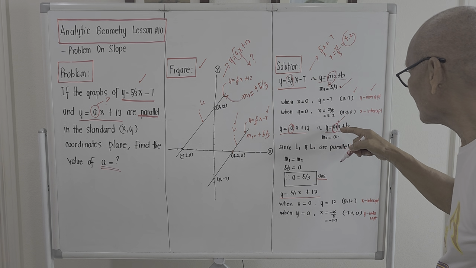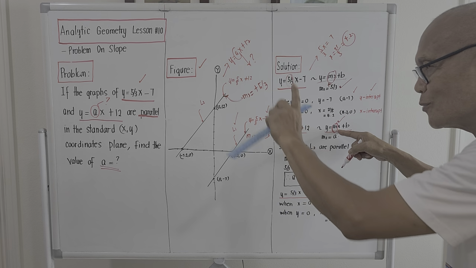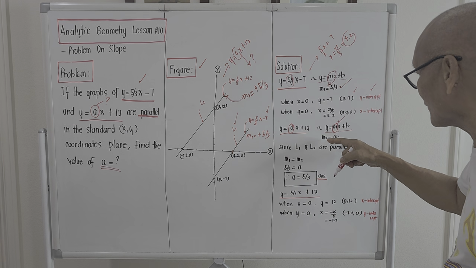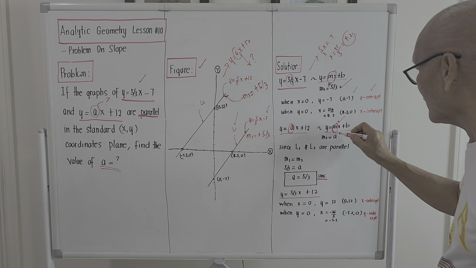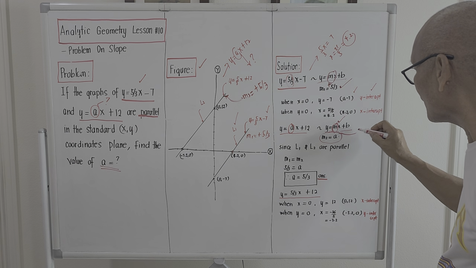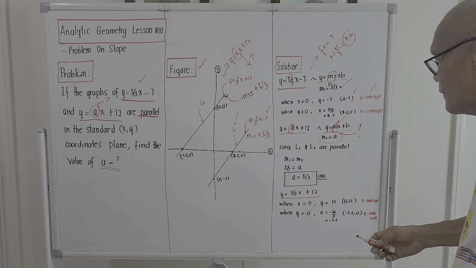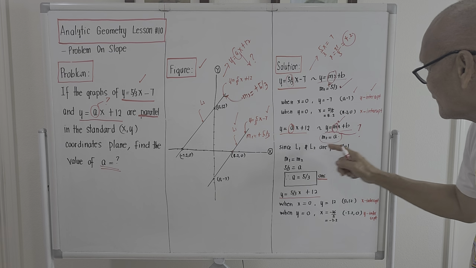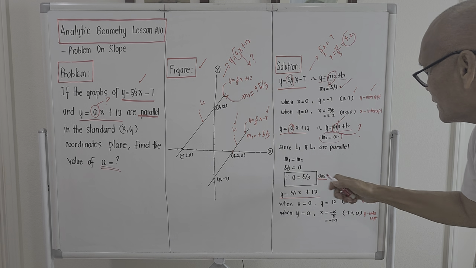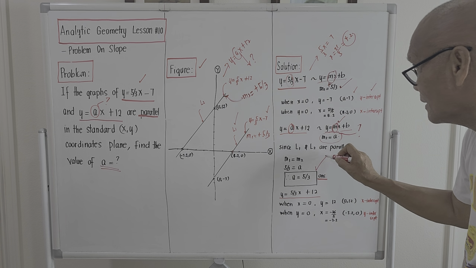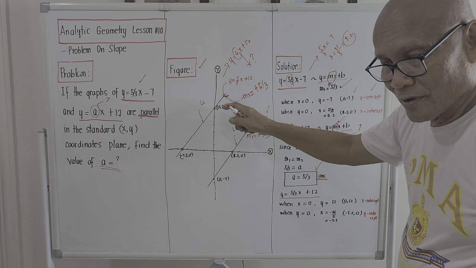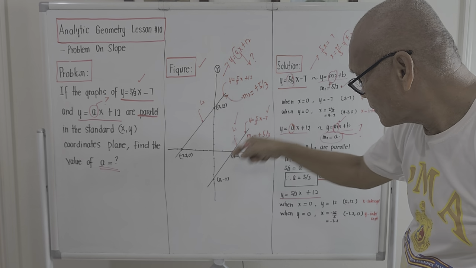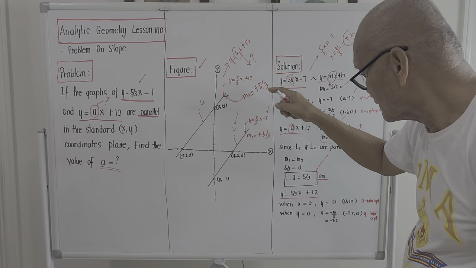So m2, this m here, refers to the slope of line number 2. So therefore m2 as a designation will be equal to a, the one we are looking for. Right? So m1 is 5 thirds, m2 is a, therefore a is equal to 5 thirds. The slope of line number 2, which is parallel with number 1, is also plus 5 thirds.